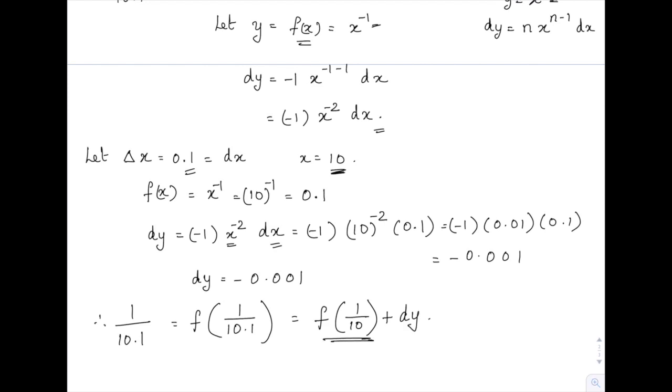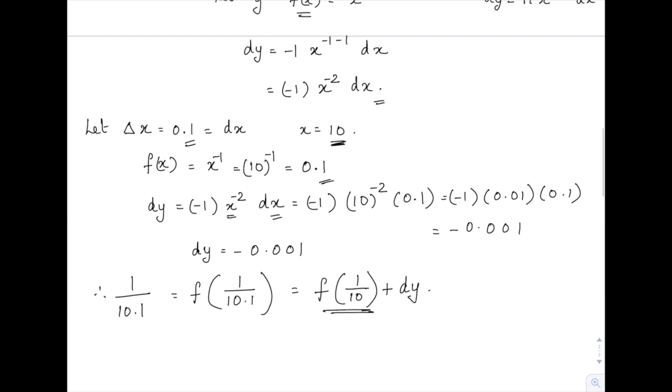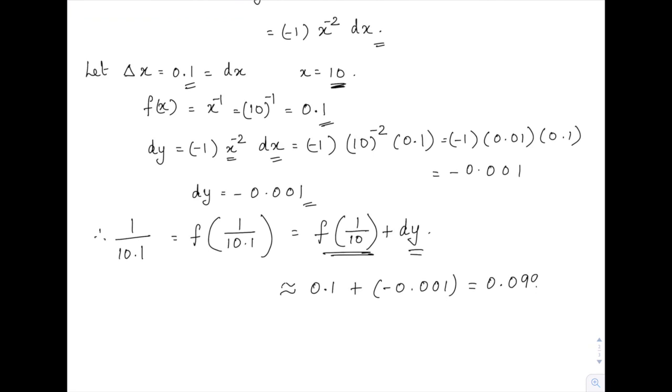We know this is equal to 0.1, so just 0.1 plus dy, which is minus 0.001, which is equal to 0.099. So this is the answer. Therefore 1 by 10.1 is equal to 0.099. This is the answer to this problem.